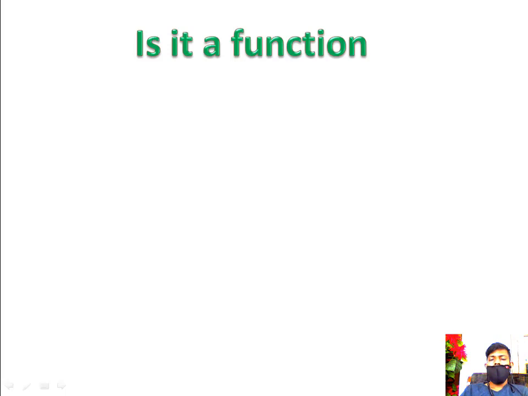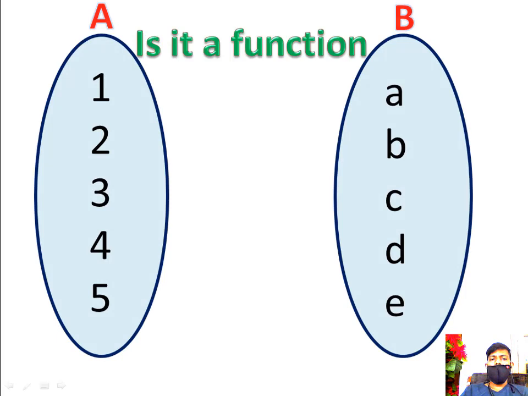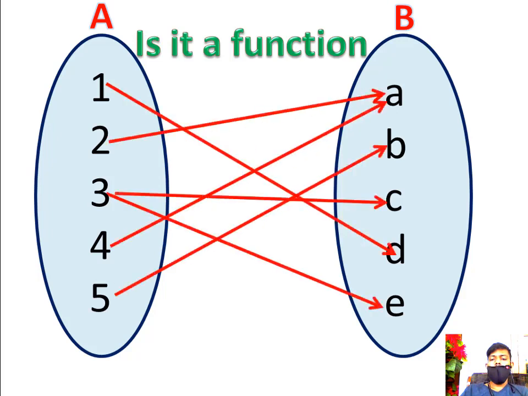Another example, is it a function? Again, set A has 5 elements, that is 1, 2, 3, 4, 5, and set B has 5 elements, that is a, b, c, d, e, and the maps, 1 maps to d, 2 maps to a, 3 maps to c, and 3 maps to e, 4 maps to a, 5 maps to b.